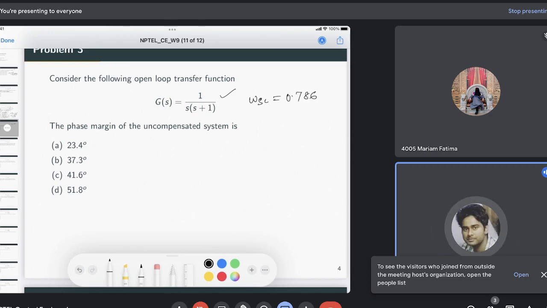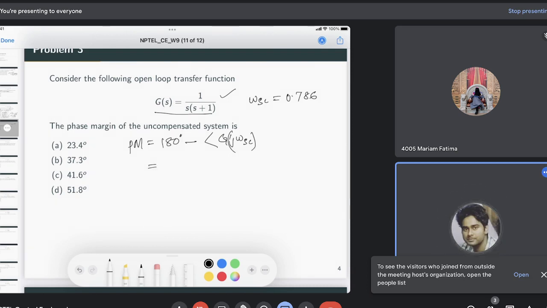So this is the definition of the phase margin: 180 degrees minus the angle of the transfer function, taken at the gain crossover frequency, that is the frequency at which its gain is 1. Using that we can compute the phase margin.